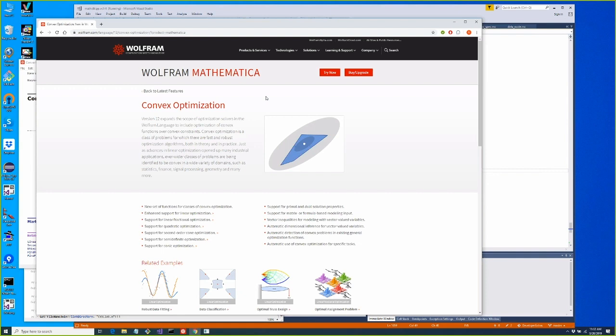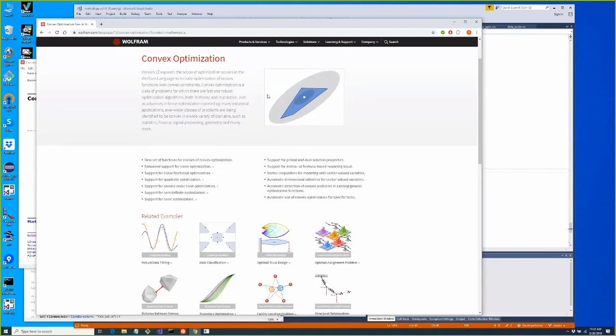So what I'm going to do today is show you some of the functions that we've developed and some of the features we've added to the Wolfram language to make modeling for convex, and including linear, optimization more readily available.